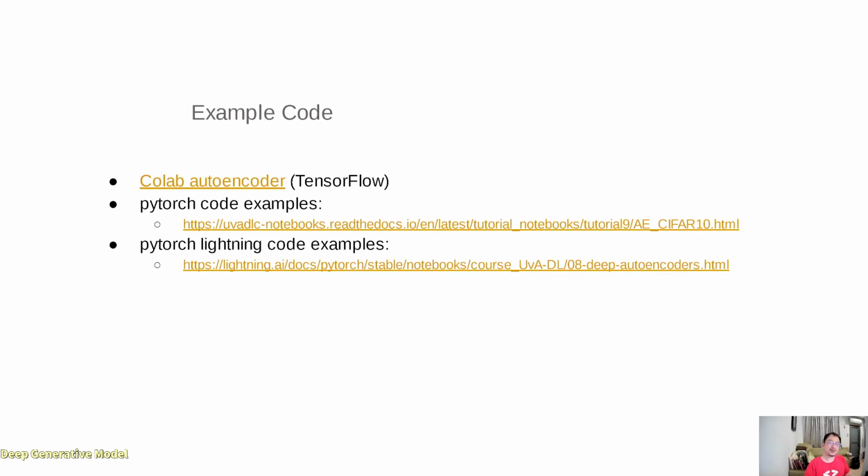Okay, so we also have some example code that we can use, and we have a homework. I provide 3 different example codes right here, but I recommend this one, the Lightning one.